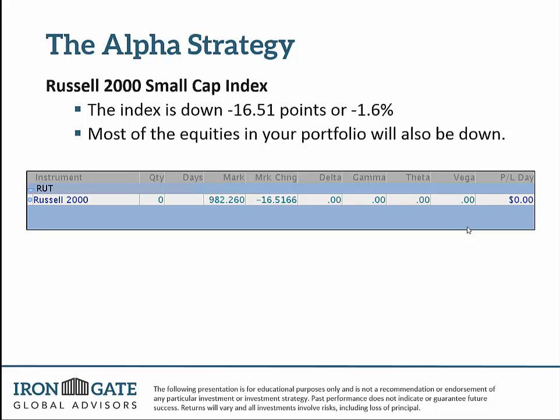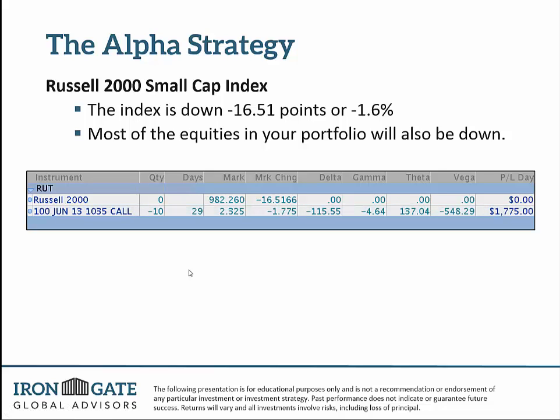Now you can see that we don't own any Russell 2000. We don't own the index. All right, and that's important to know. In Amazon, we did own it, right? We don't own the Russell 2000. But what I want to do this particular day is sell, and actually it was done prior to this day, but this is the example.